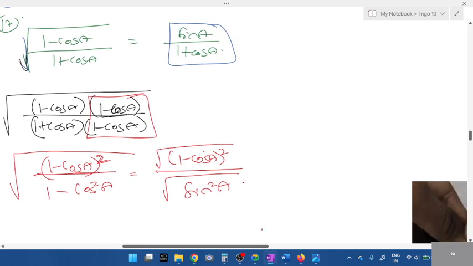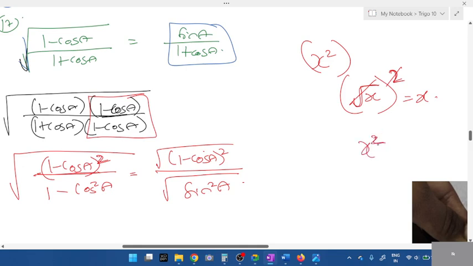Sine square. So one more concept. If you find the square root, if you cancel, what's the answer you get? X. Or even if the square is inside and square root is outside, the concept is the same, students.